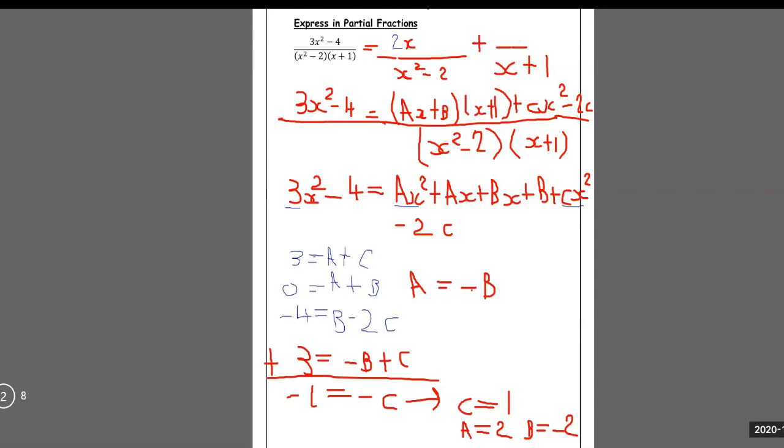So all of this right up here can be separated as 2x minus 2, plus 1 over x plus 1. This is it as a partial fraction. Very, very easy.